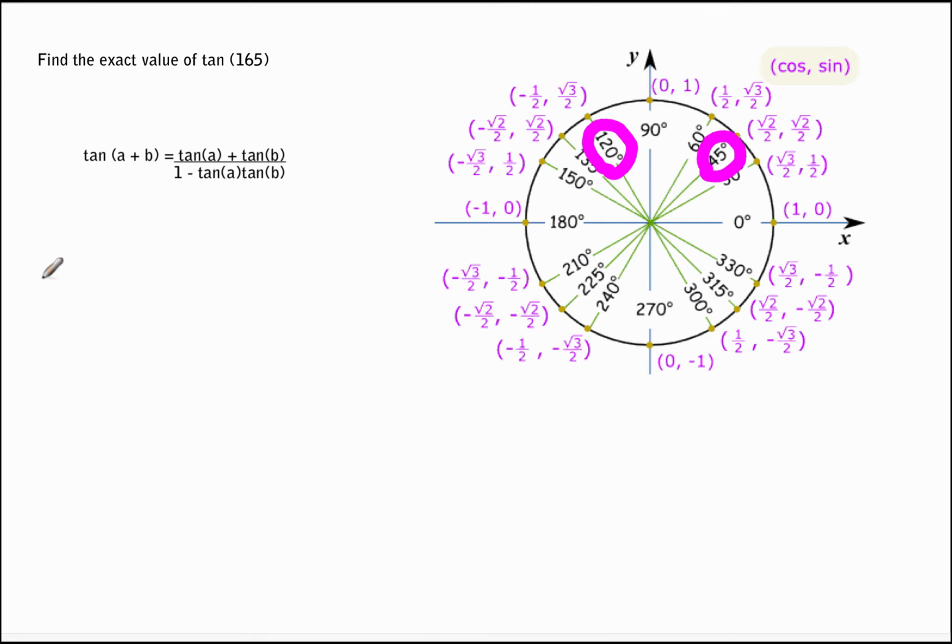All right, so the tangent of 165 can be rewritten as the tangent of 120 plus 45. And now I'm just going to apply the formula. The formula says take the tangent of the first angle, add on to it the tangent of the second angle, and divide that by 1 minus the product of those two tangents.